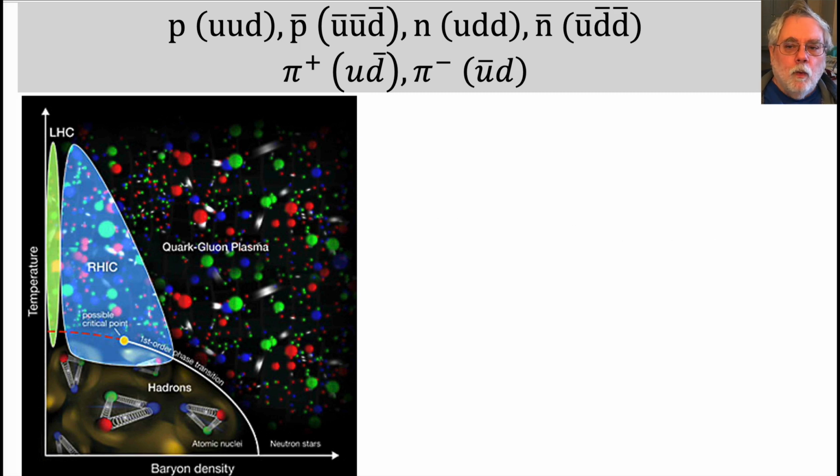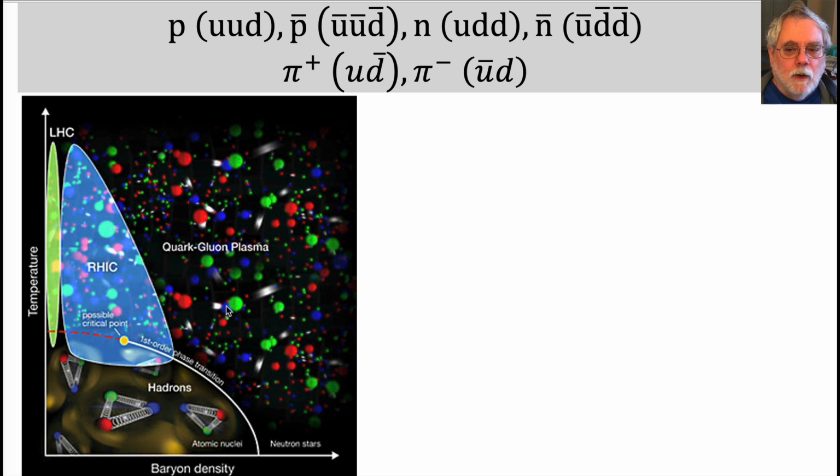About 100 microseconds after the Big Bang, the temperature fell to the point where the average photon energy fell below 300 million electron volts. The high temperature, high density, liquid-like quark-gluon plasma, shown here, throughout the universe became less dense than a proton's internal energy density.